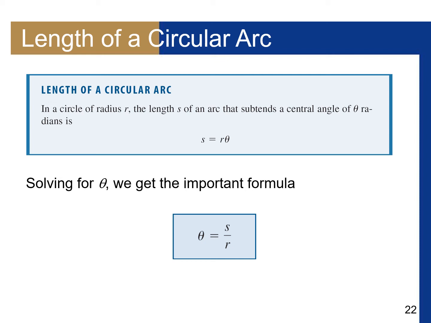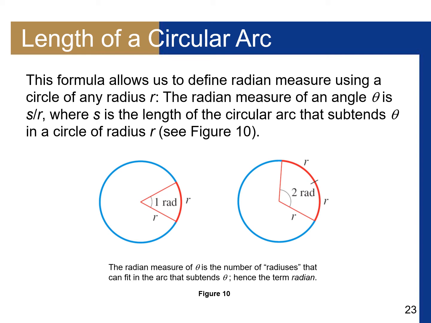So solving for theta, we will get theta equals S over R. And we can see here that we're going to take a look at this length of a circular arc. And again, we're looking at this bold area that we have on the circle.